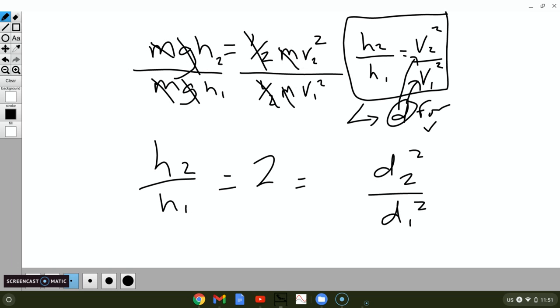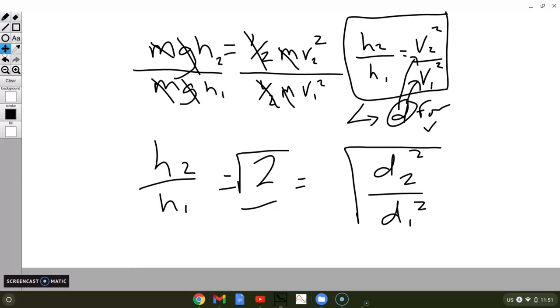So to find the ratio of d2 to d1, we'd have to take the square root of that, and we'd have to take the square root of this. So if h2 to h1 is 2, then d2 to d1 should be the square root of 2.